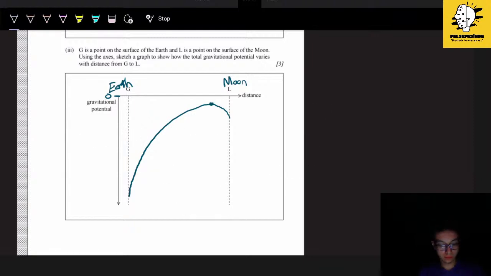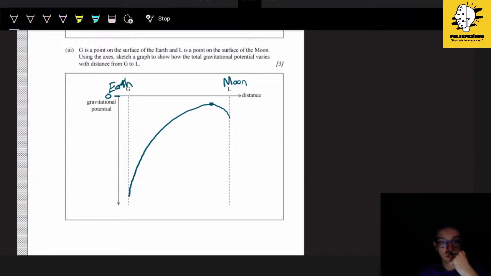No equations needed, I think, but the point where we found X, this is where there is no gravitational force from either Earth or Moon. The net gravitational force is 0, so it's going to be easier to remove it to infinity. It's going to require less energy to remove it because the net force is 0.